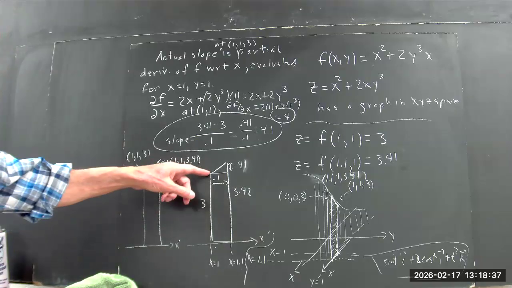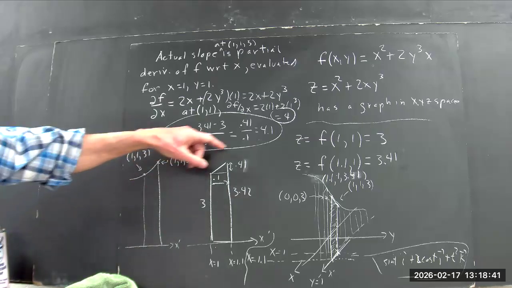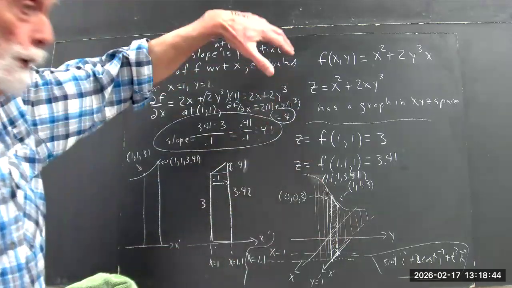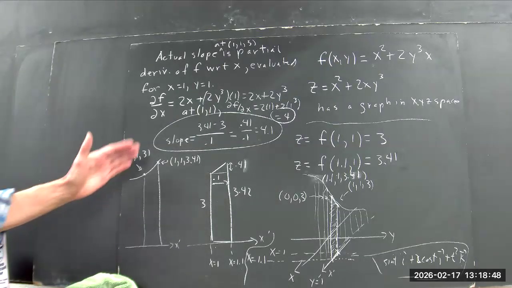Now you see, when I drew this, I drew a straight line from here to here. Well, that straight line doesn't follow the curvature of this thing. Okay? The curvature of this thing is upward.